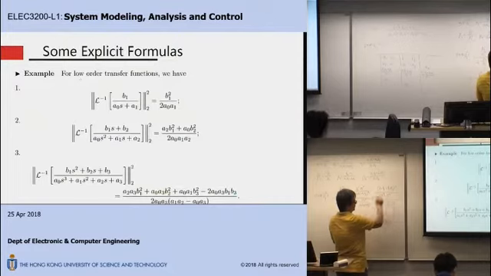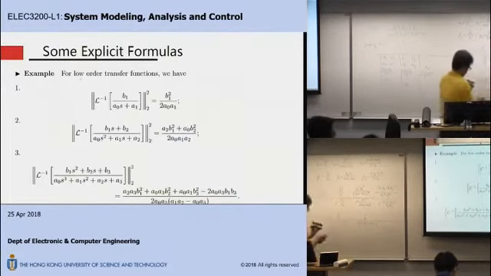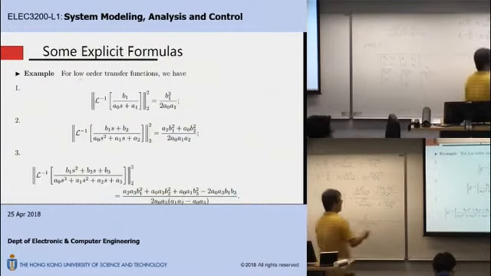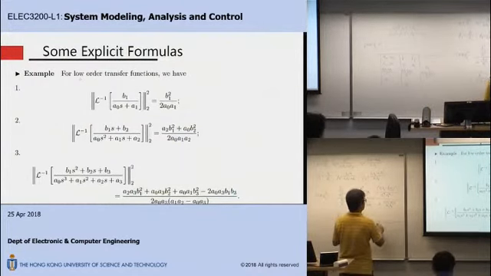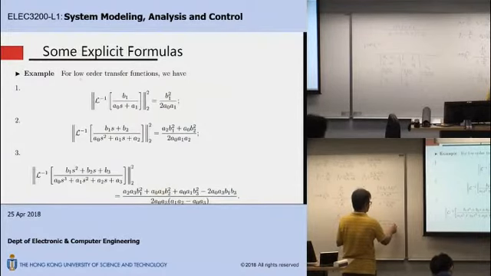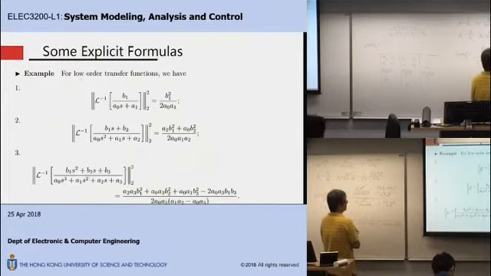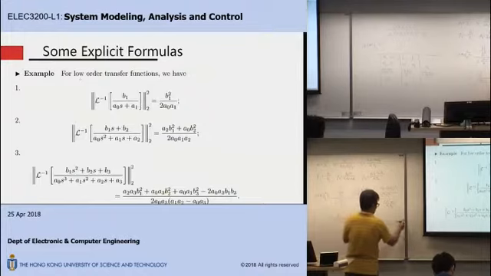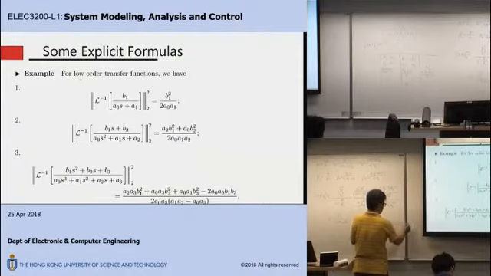A1 cancels this, A3 cancels this. So what I really get is 2 times (A1 A2 minus A0 A3). I have to keep this finally, A1 A3.